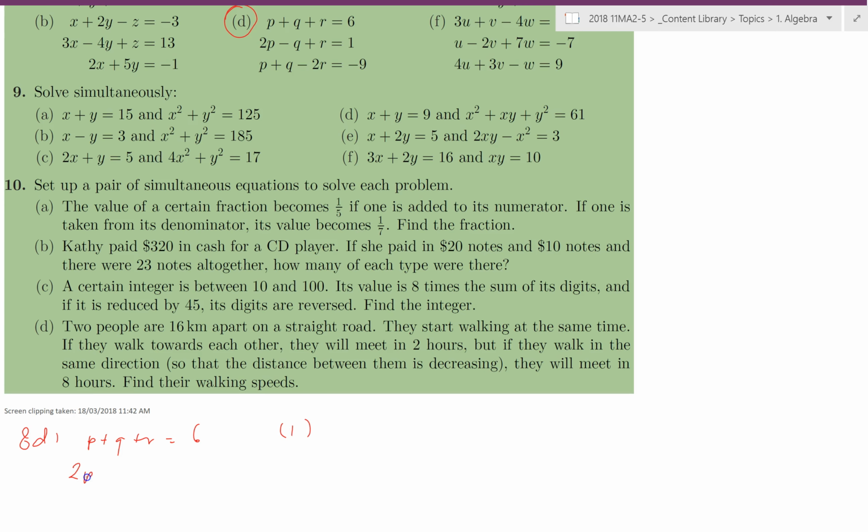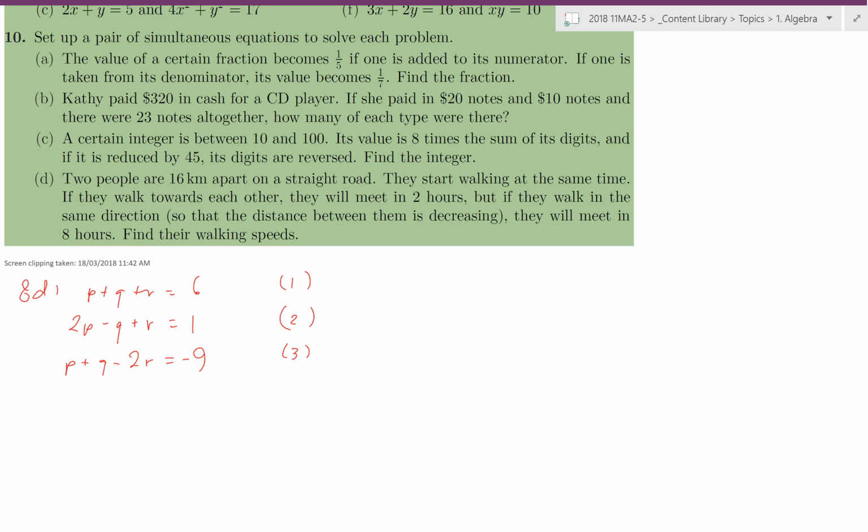And 2P minus Q plus R equals 1, I'm going to call that number 2. And P plus Q minus 2R equals negative 9, I'm going to call that number 3. So I've got these systems here.